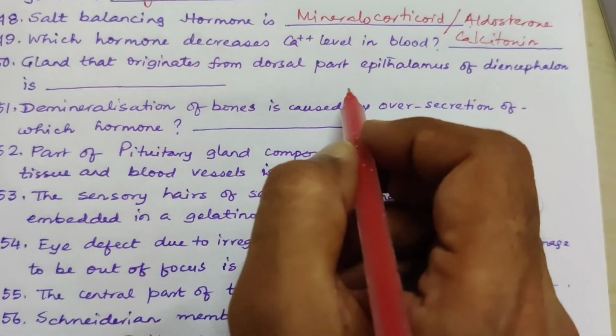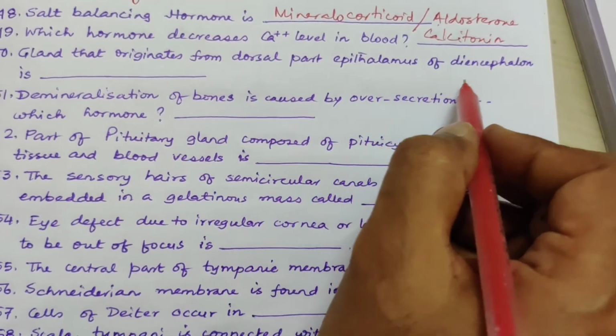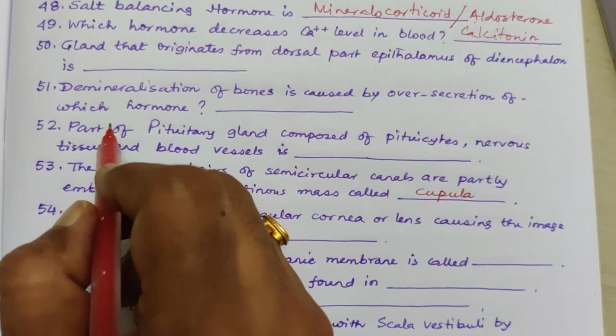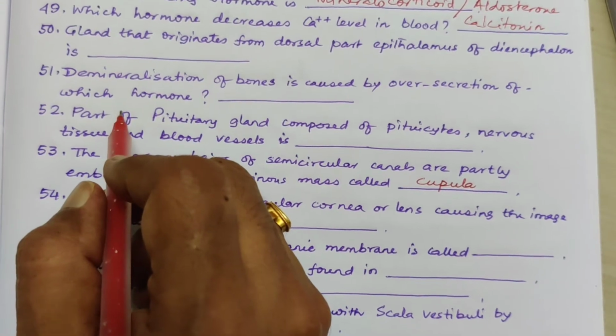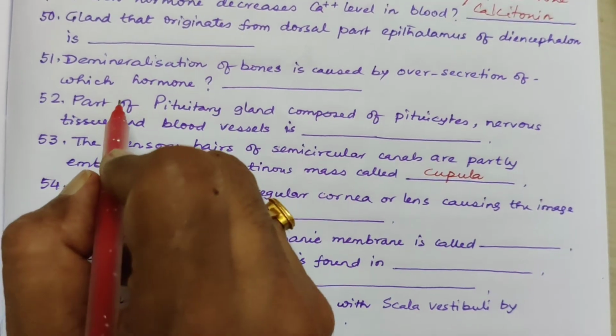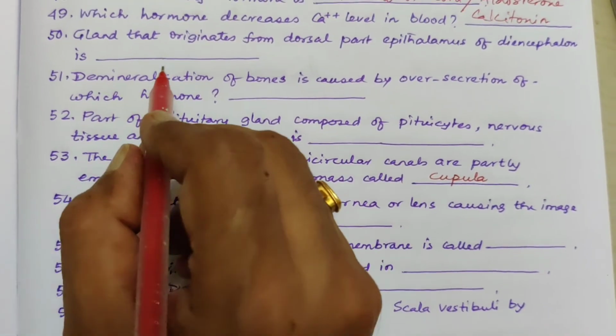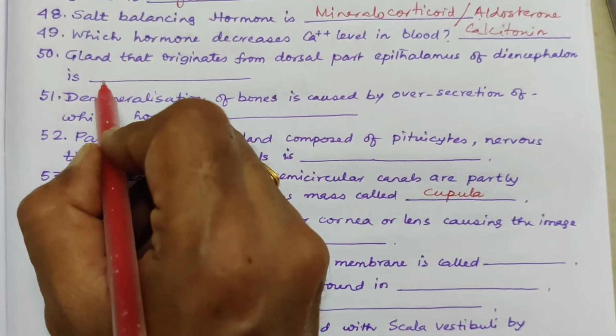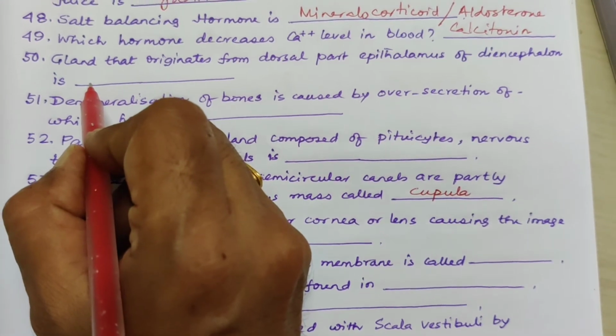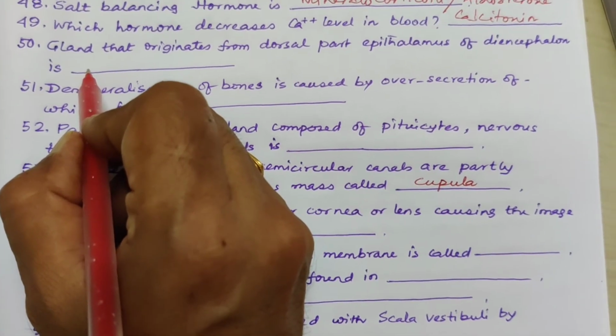Gland that originates from dorsal part epithalamus of diencephalon is the pineal gland. This is the organ of God.